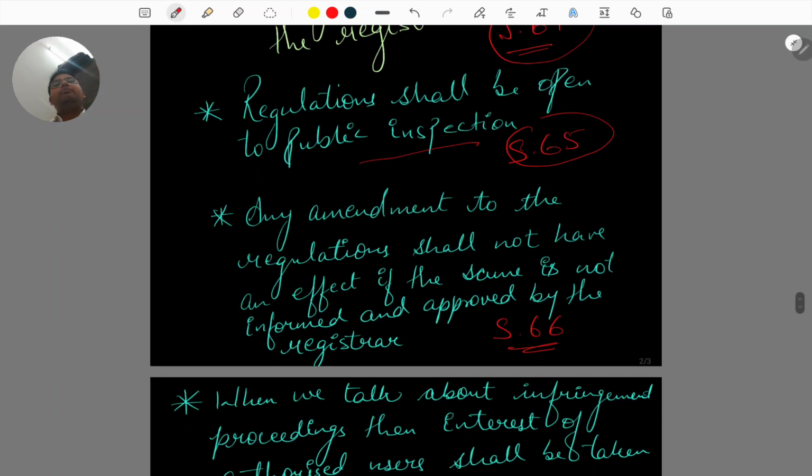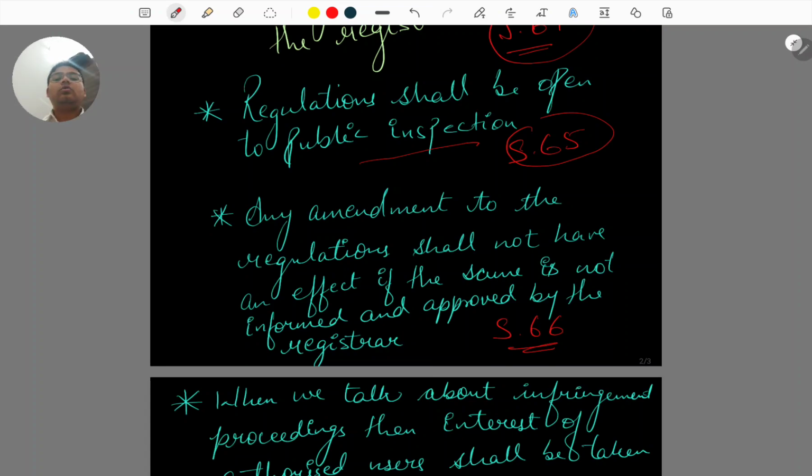Now, moving ahead, whenever we move for any amendments to the regulations, during the course of business or management of the particular organization, you might need to amend the regulations. In all such cases, you need to first provide the amended regulations to the Registrar.